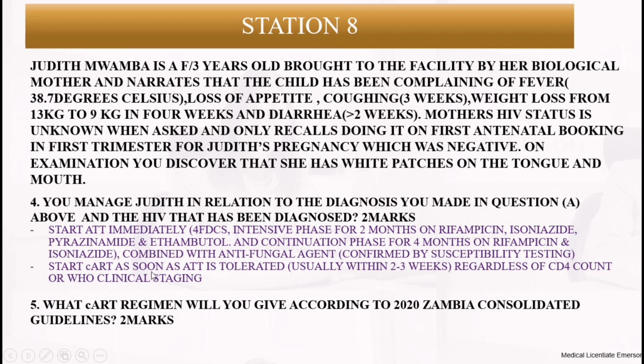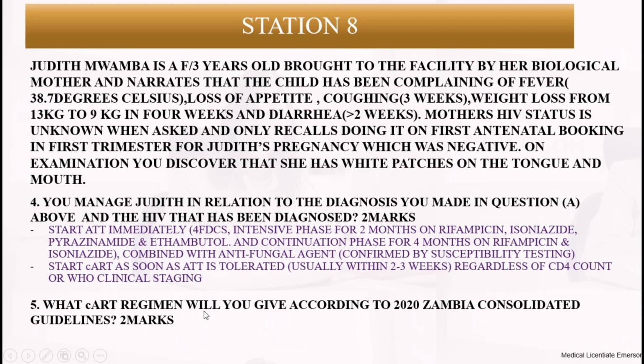Then start your CART as soon as ATT is tolerated, and this usually happens within 2 to 3 weeks after the initiation of ATT, regardless of CD4 count or WHO clinical staging. When you're writing, most of the time you can write these in full: start ATT, your antifungal, then of course start CART, because here we are being asked to mention the exact CART regimen.